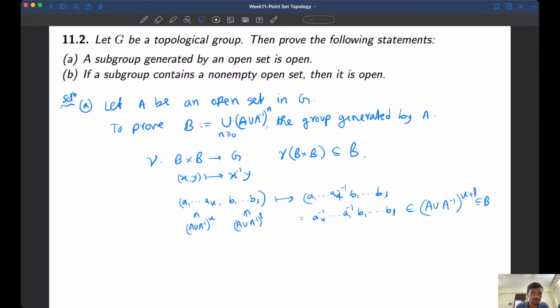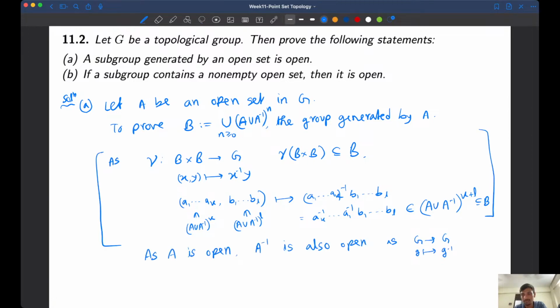Now A is open, so as A is open, this A inverse is also open, as this inversion map from G to G, g going to g inverse, is actually a self homeomorphism of G. So under this, in particular, A is open, so A inverse is also open.